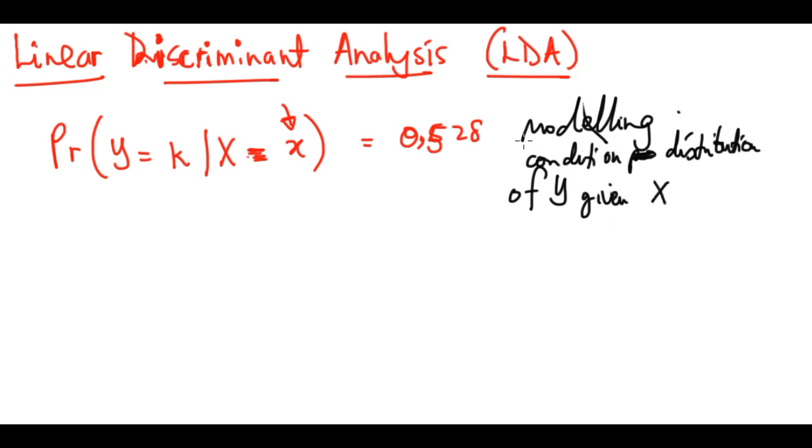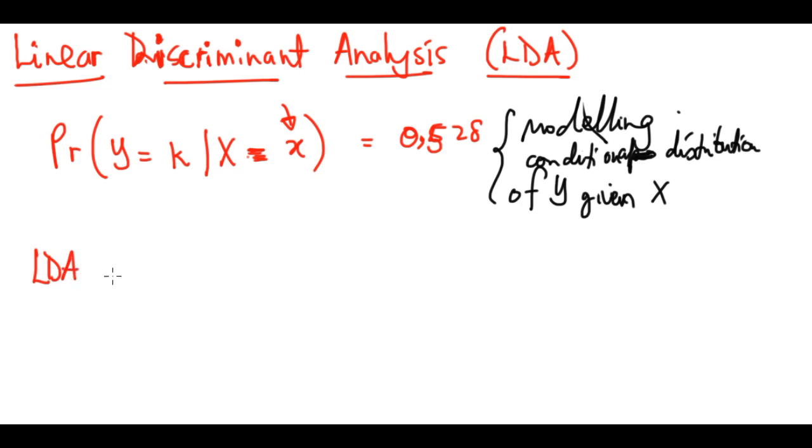So this is modeling the conditional distribution, the distribution of y given my x. Basically, we are modeling the probability directly. That's what we did in logistic regression. But when it comes to LDA, we model the distribution.